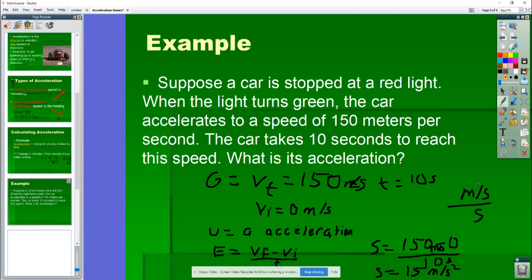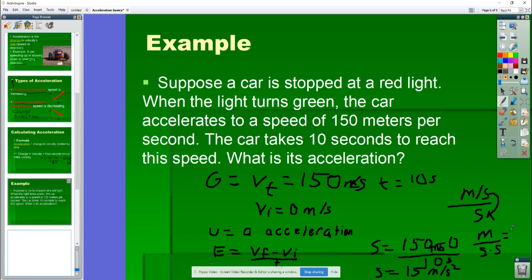Anytime you have a fraction within a fraction, you can move these around to make it easier to understand. So this second moves to the bottom because you have meters per second over seconds. So it actually becomes meters over second times second. Anytime you have two of the same thing together, you turn that into a square.